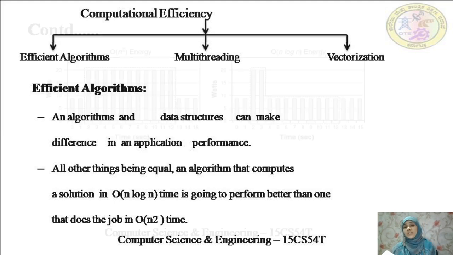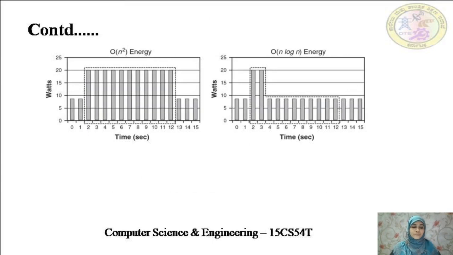Let's check out this graph, which shows the impact of algorithm performance on energy. Here we are using different techniques and different algorithms. For a particular problem, a stack may be better than a queue, right, dear students?